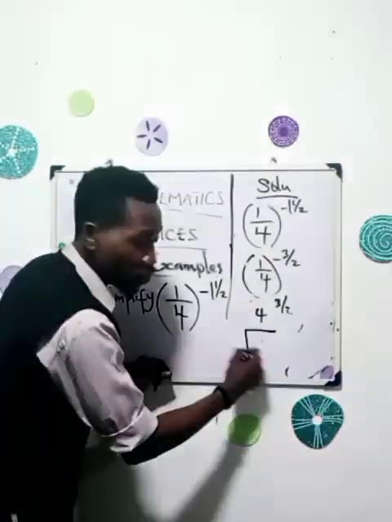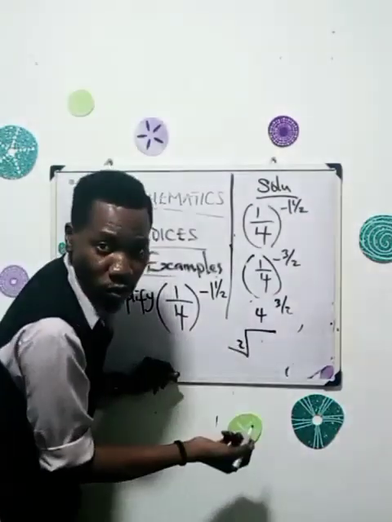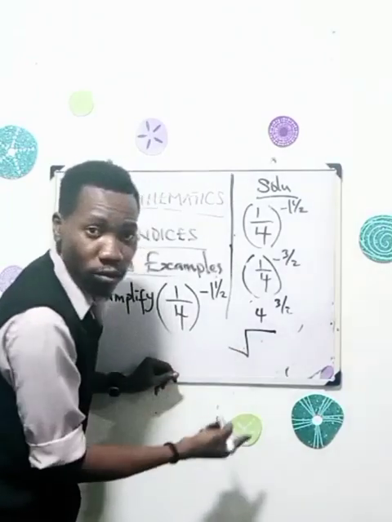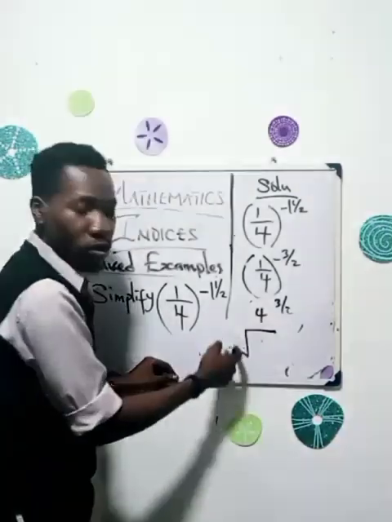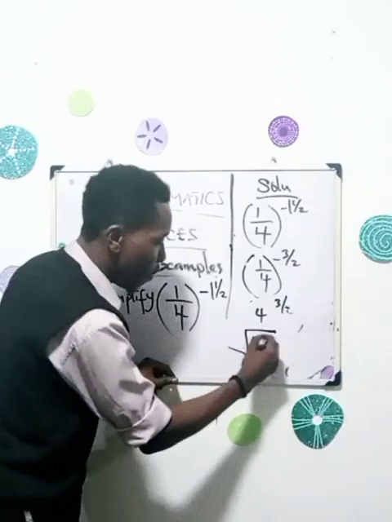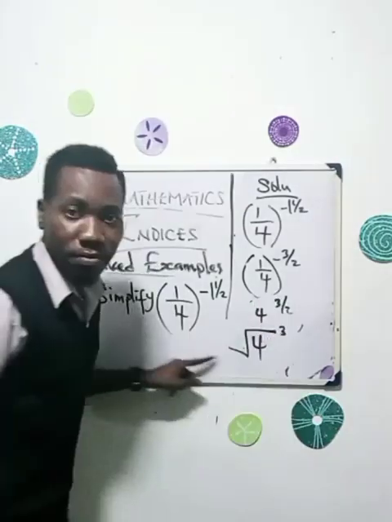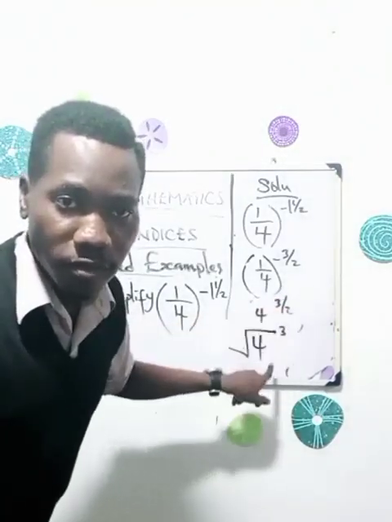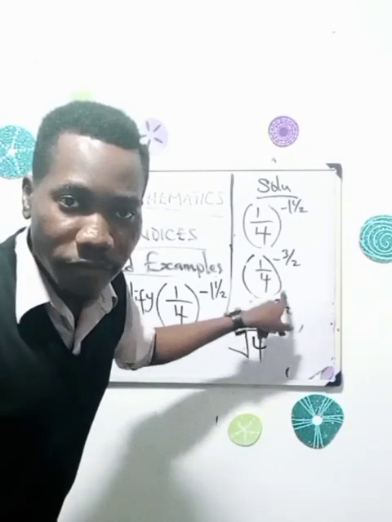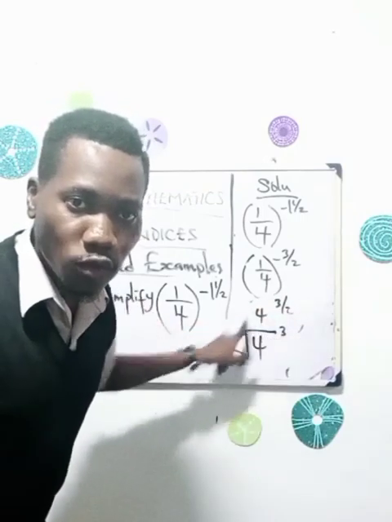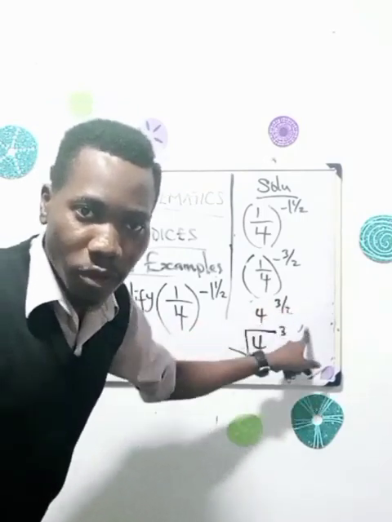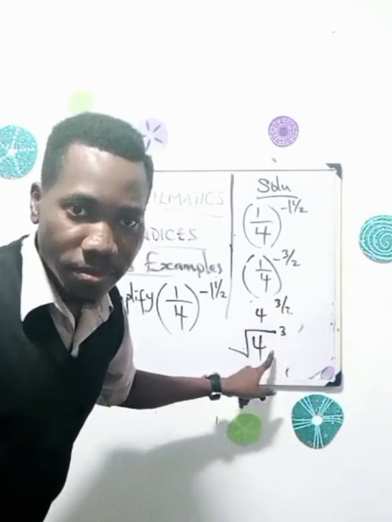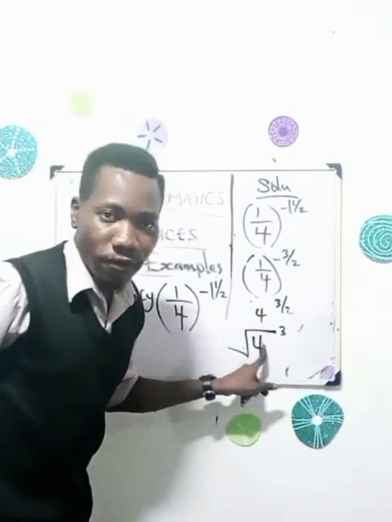The root of 4 with 2 is the square root; we don't write 2 because it is a square root. So this becomes the root of 4 raised to the power of 3. So 4 raised to the power of 3 over 2: the 2 becomes the root here, raised to the power of 3. So what's the square root of 4?